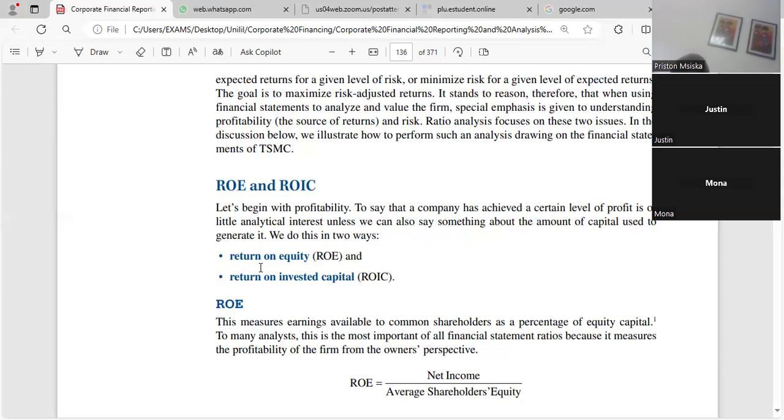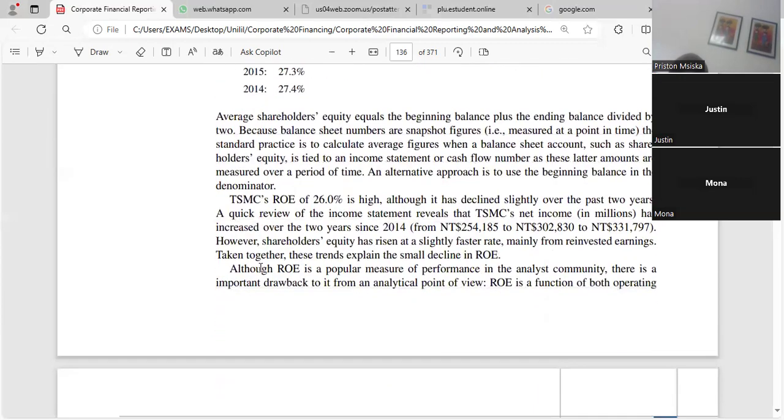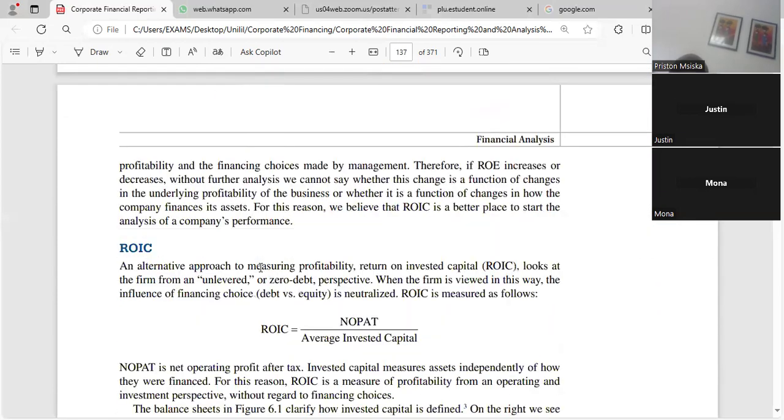That represents the profitability in terms of your return on equity. The other one is called the return on invested capital. The return on invested capital is represented by net operating profit after tax.